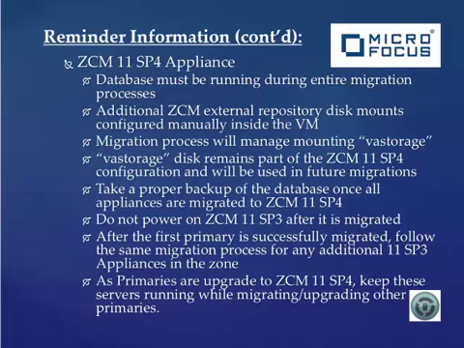If your primary server is not an appliance, use a documented ZCM 11 SP4 upgrade process. This concludes this ZENworks tutorial video showing how to migrate the first ZCM 11 SP3 primary server appliance to ZCM 11 SP4.